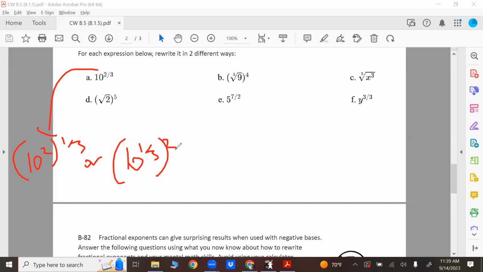So I want to do this. I think this is nice for starting.